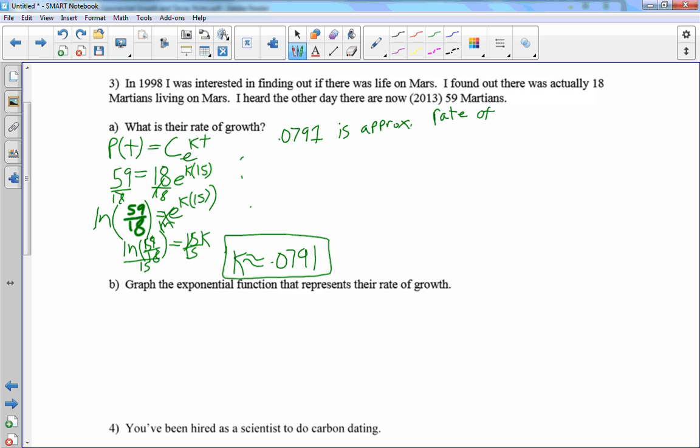Or the rate of growth is about 0.0791. There's a difference between growth and decay, right? And this one specifically asks for rate of growth. So I would definitely say rate of growth. Okay, good. Thank you.